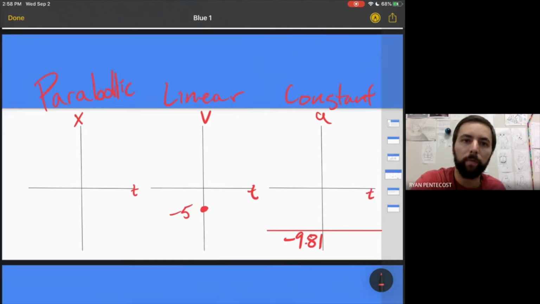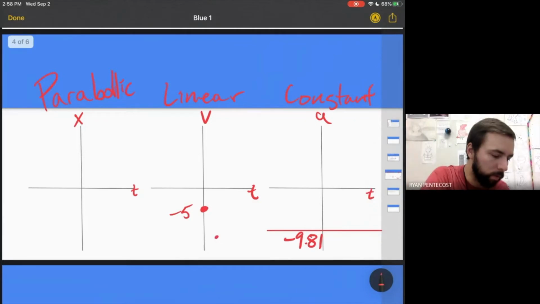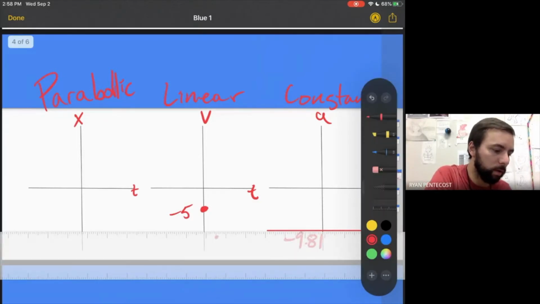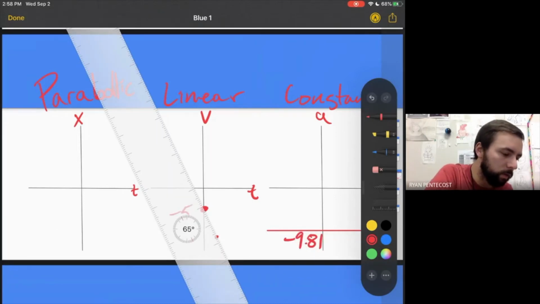We talked about that before, how the slope of velocity will give you acceleration, or the slope of position will give you velocity. So let's say that if that's negative 5, let's say that's negative 10 at 1 second. I'm just eyeballing that, so don't quote me on it. But we are going to connect those two lines right here.